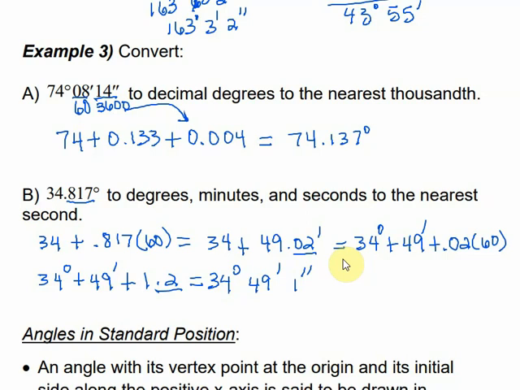So if you scroll over to degree minute seconds, number 1 is the degree, number 2 is the minute, and number 3 is the second. So you can use your calculator to do that, but you will also need to be able to convert it by hand.